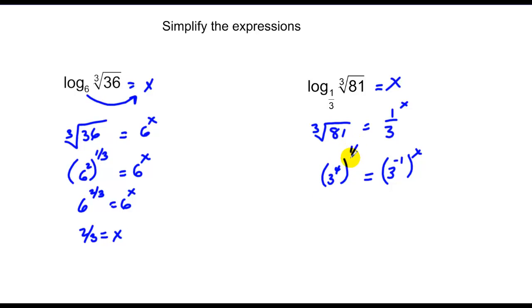Cube root is 1/3 power. Multiply powers. I now have 3 to the 4/3 equals 3 to the negative x. Therefore, negative x equals 4/3, and negative 4/3 equals x.